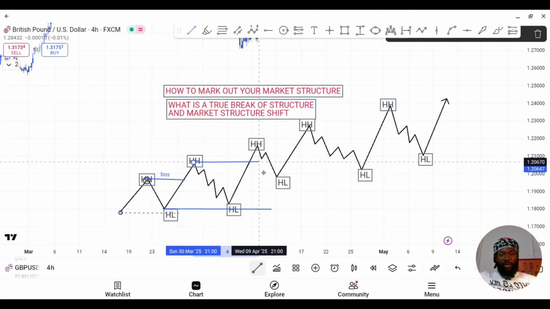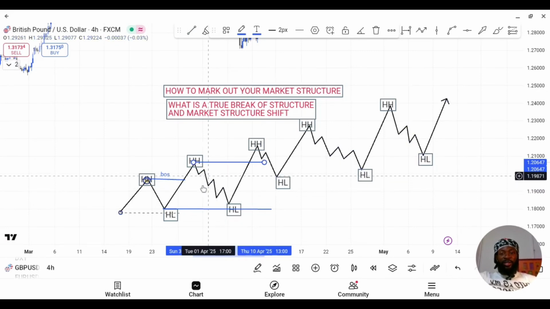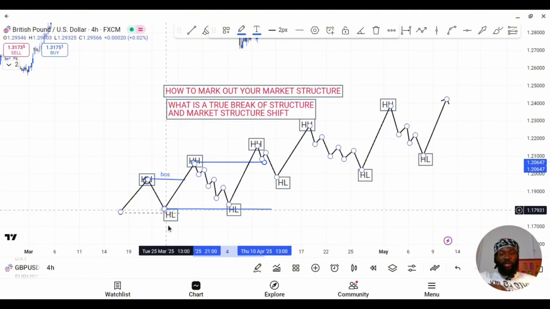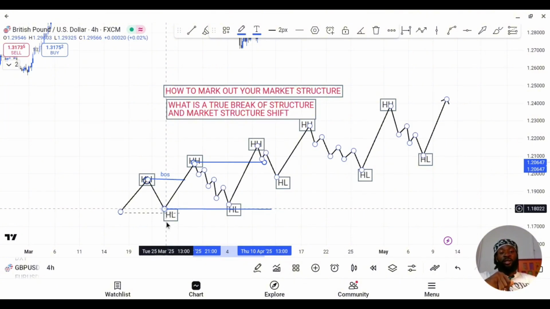Now what you are seeing here is our price range again, till the market gives us another break of structure, and this is now our previous low, our protected low.